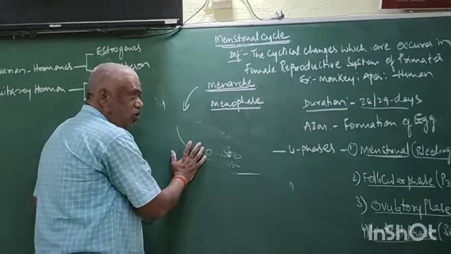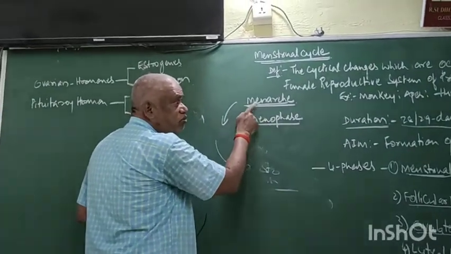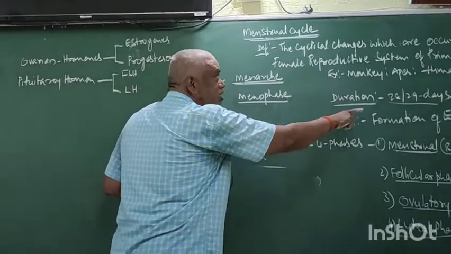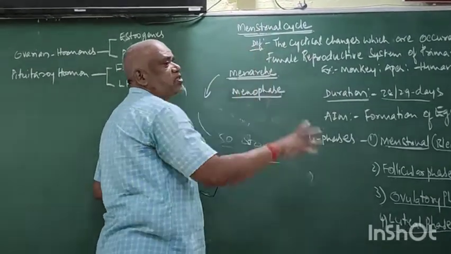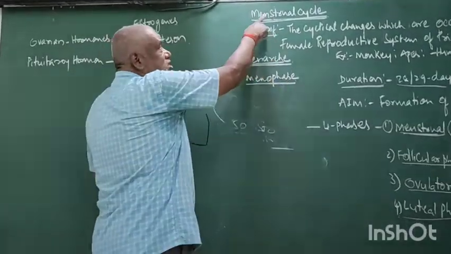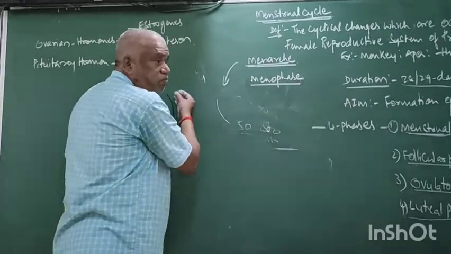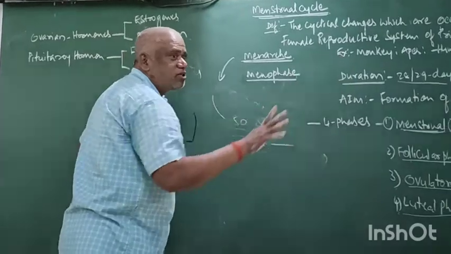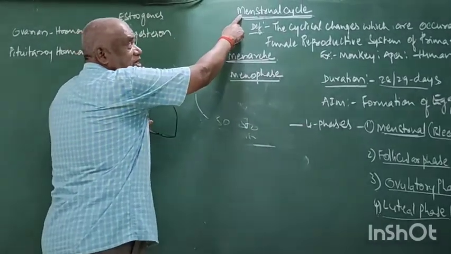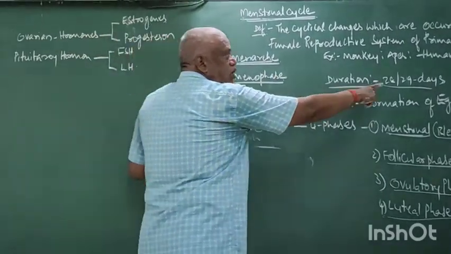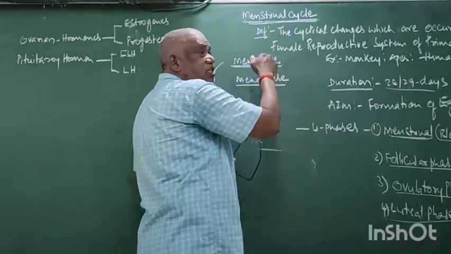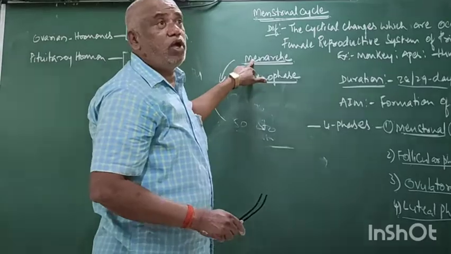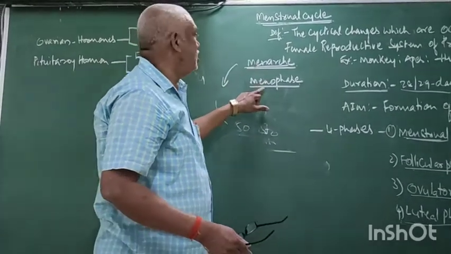That means between menarche and menopause, one cycle takes place every 28 days. This menstrual cycle does not take place from birth, and it does not continue until death. The cycle duration is 29 days. When does it start? Menarche. When does it end?